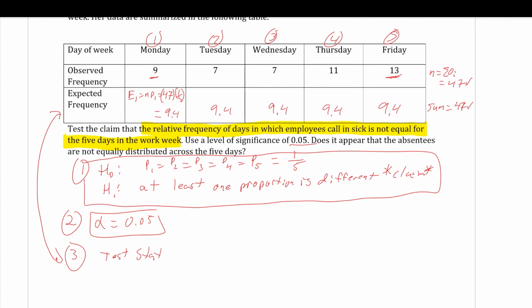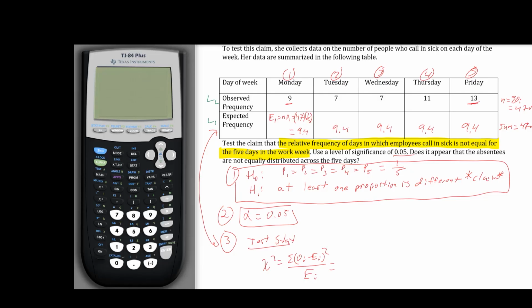All right, let's put this under L2, L1, and run the Chi-squared GOF test. Let's go to the calculator for that. Okay, we're on a blank screen on our calculator. Let's go to Stat, then Edit. Let's clear out these lists.